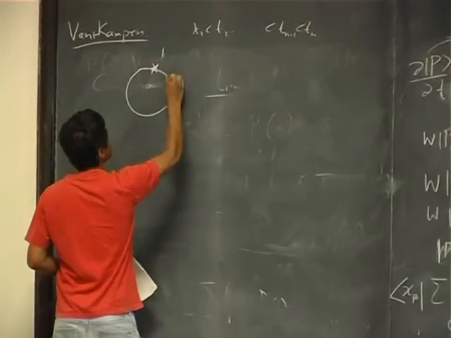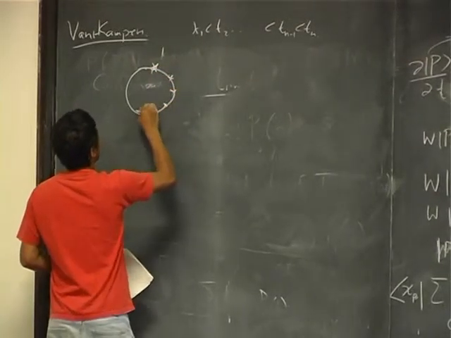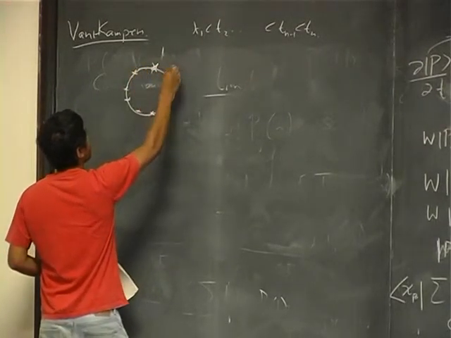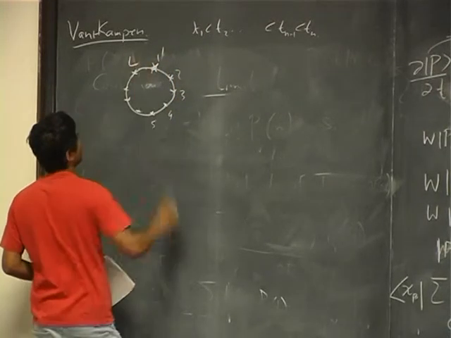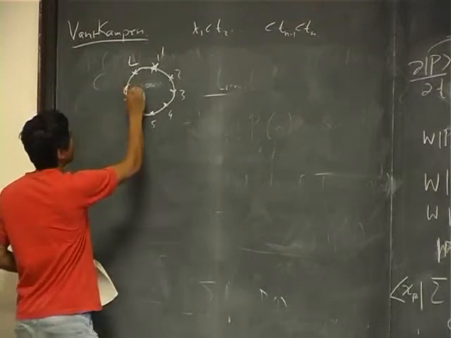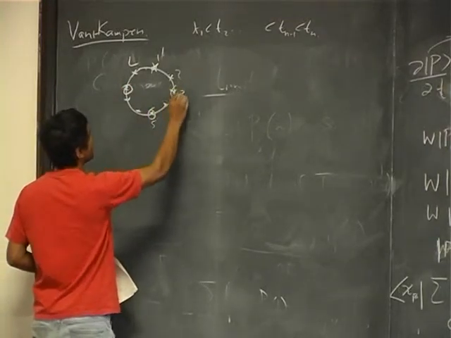Okay, so this is some lattice, and you have 1, 2, 3, 4, 5 up to L sites, and then you put n particles on it, right?